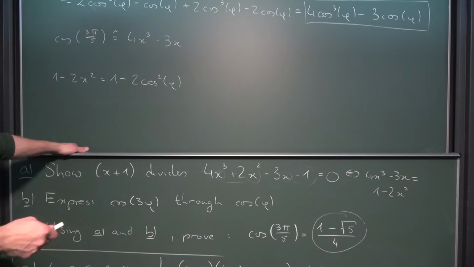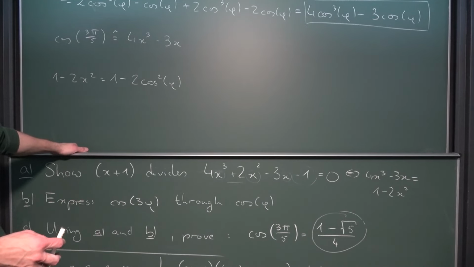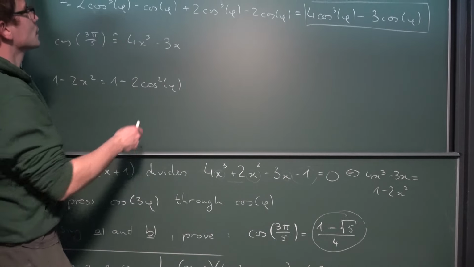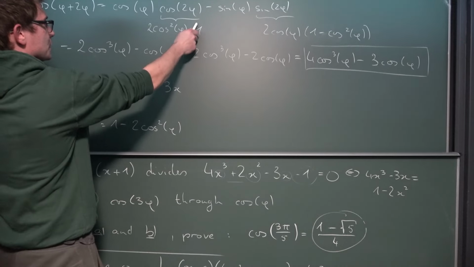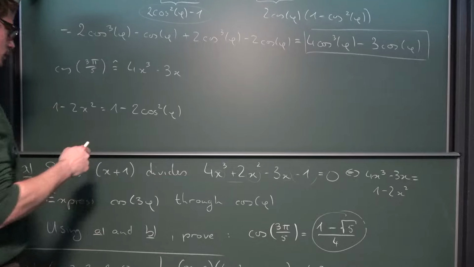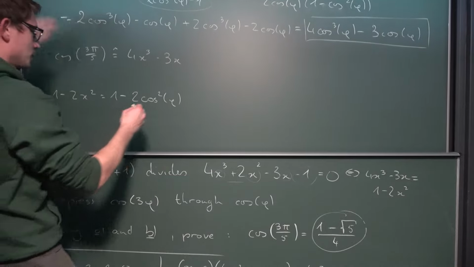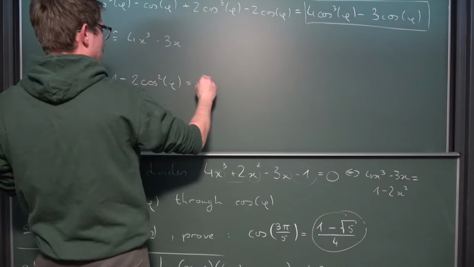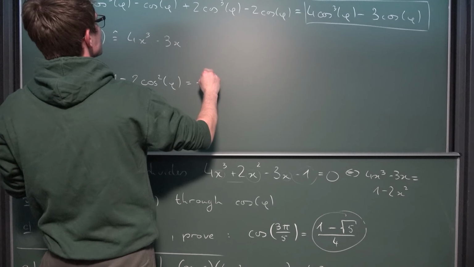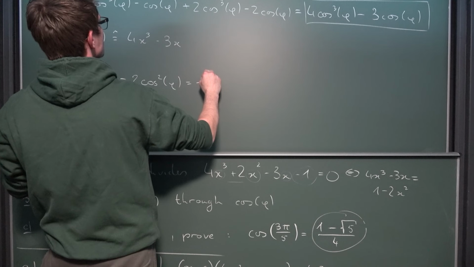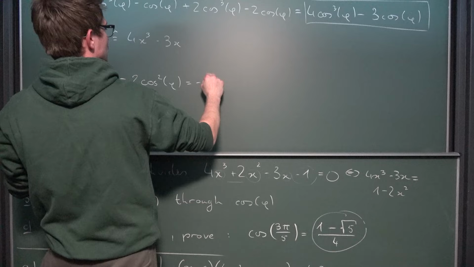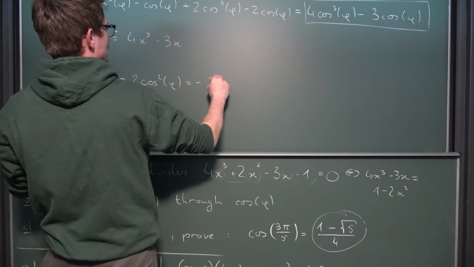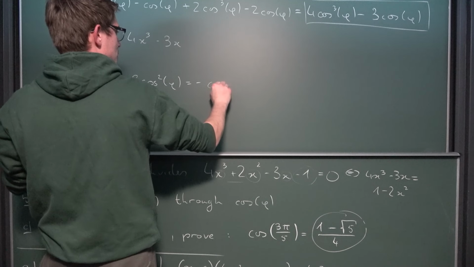Oh. That is at least this part right here. This is negative cosine of 2 phi.